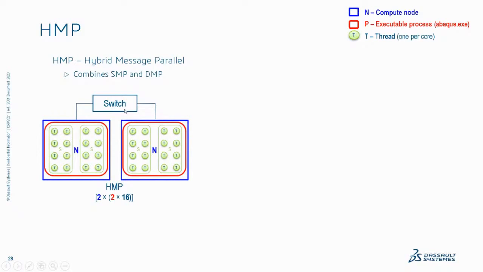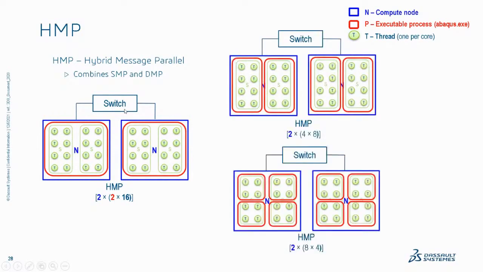There are many more possibilities. Here are a few that are possible. Here we have 2 processes per node, 8 threads per process. Here we have 4 processes per node, 4 threads per process. So all 3 cases are 32-way parallel. Ultimately we're using 32 cores, but the performance characteristics can be quite different.